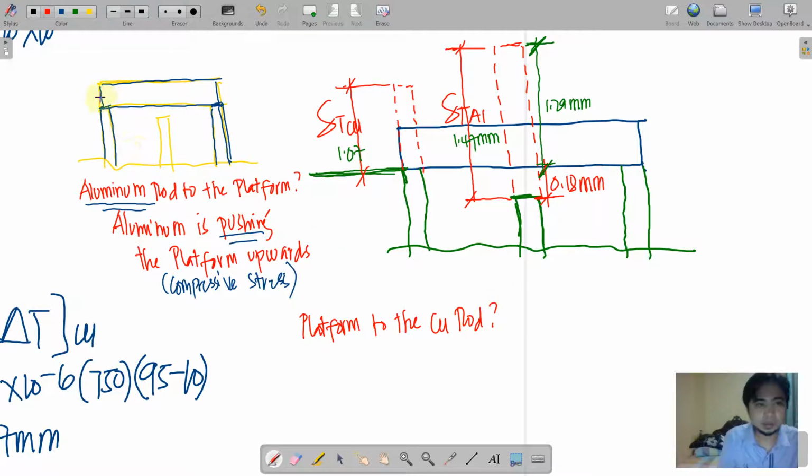Okay, so with the platform tending to go up because of the push of the central aluminum, while this is going up, because of the push of this, therefore, the answer is the platform stretches the copper rod.